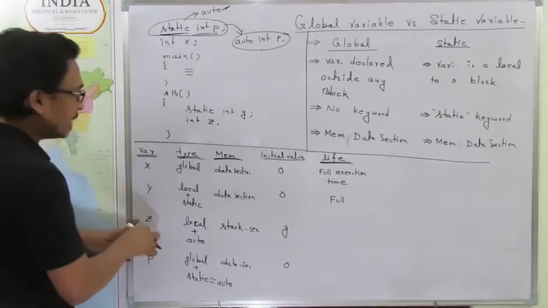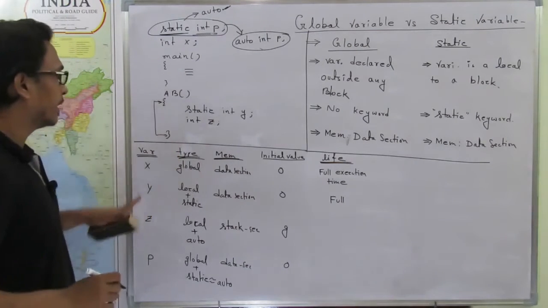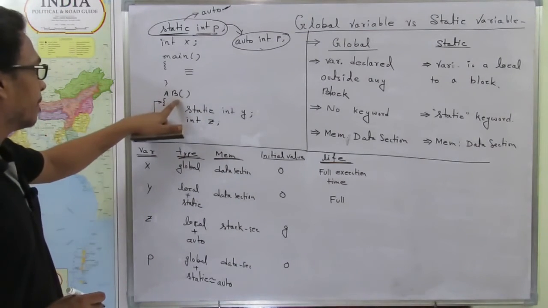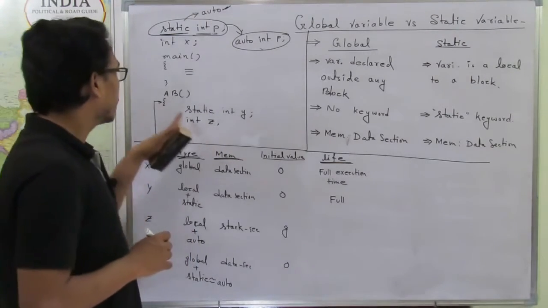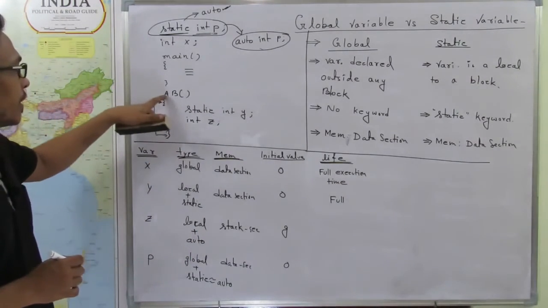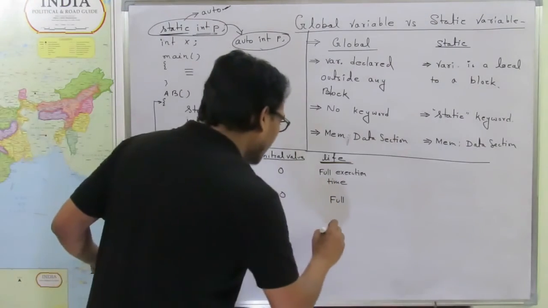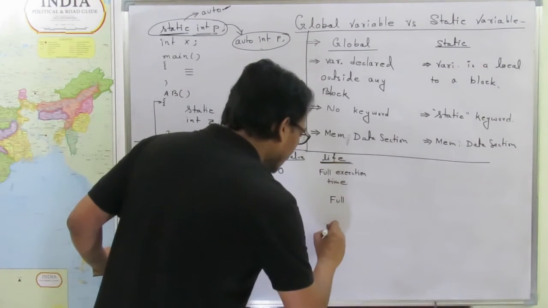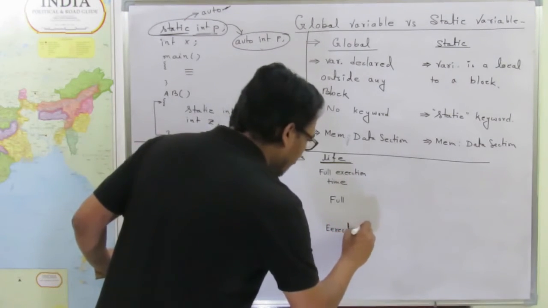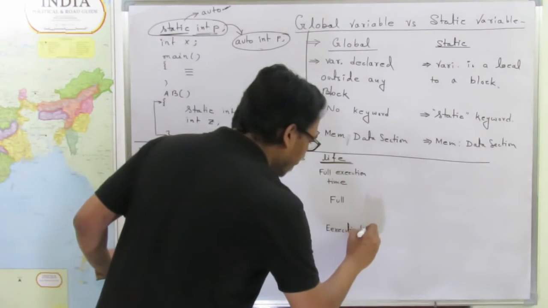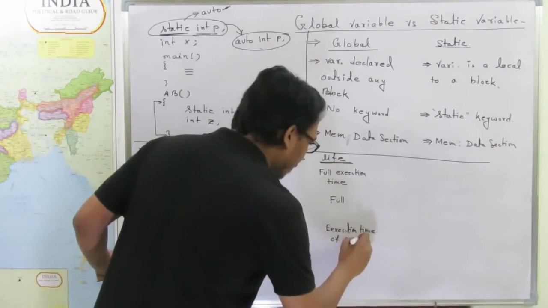The variable z is declared in the block AB, so its life is just the execution time of the AB function.